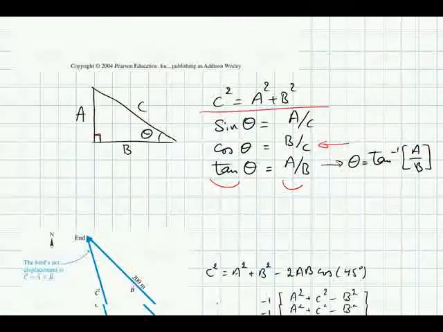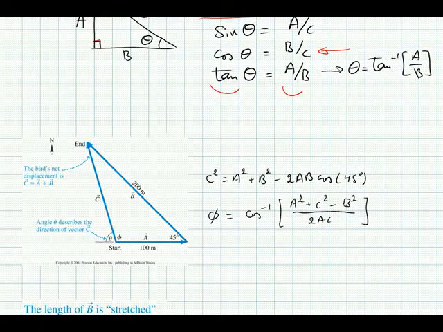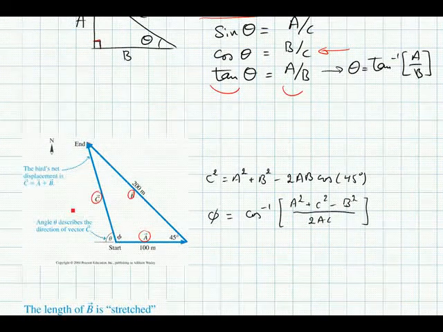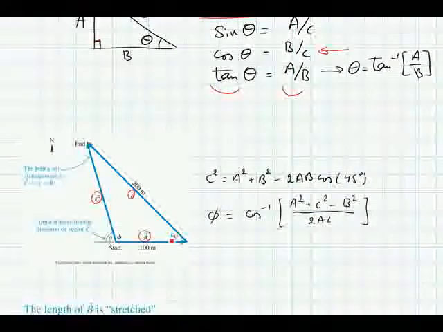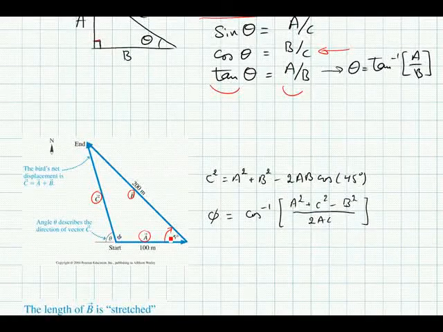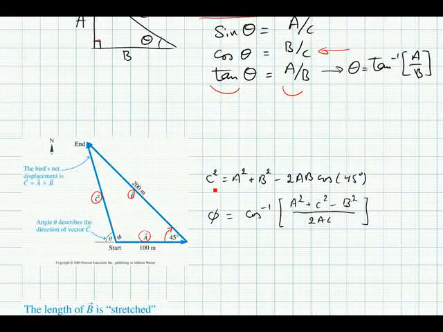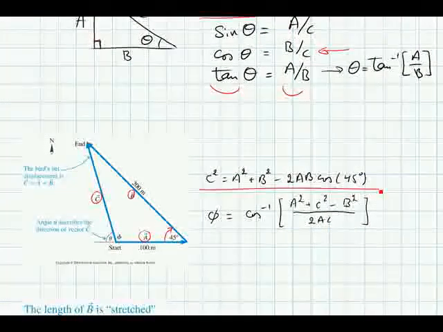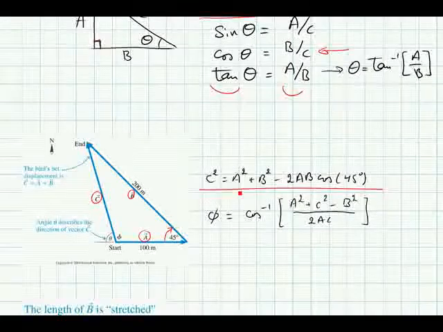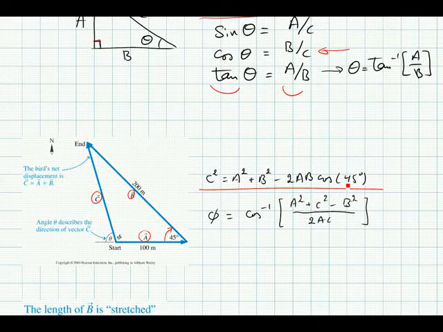Now, if you do not have a right angle triangle, here we have a triangle with sides A, B, and C, and let's say we have an angle of 45 degrees between the sides A and B. Then you use the cosines rule to determine side C. C squared is equal to A squared plus B squared minus 2AB cosine of 45 degrees.